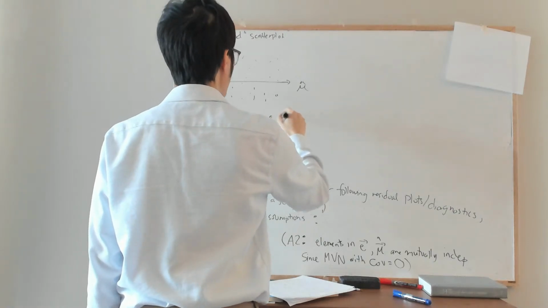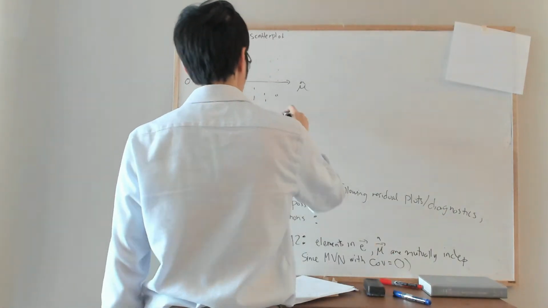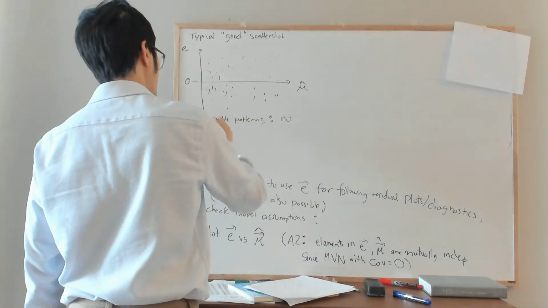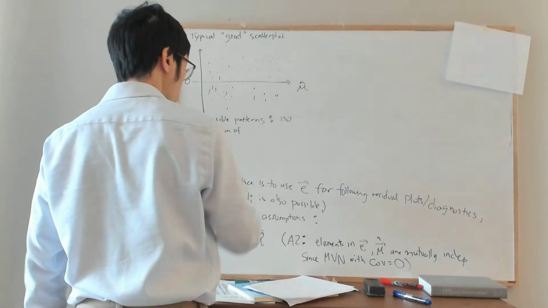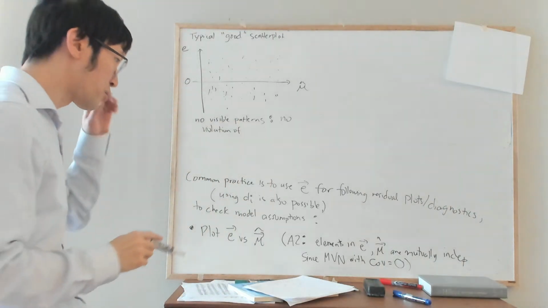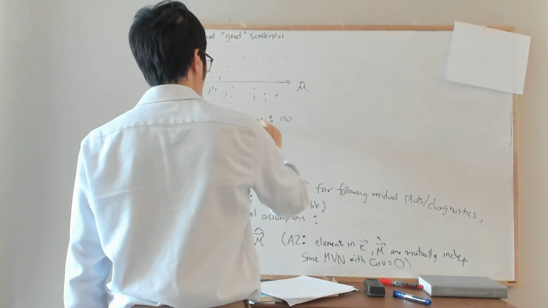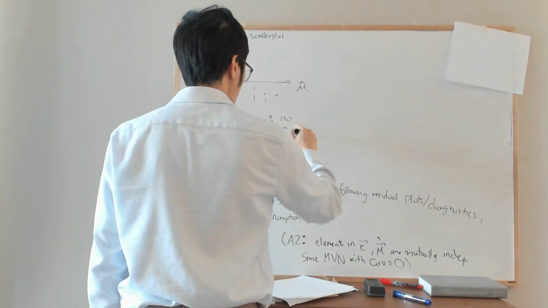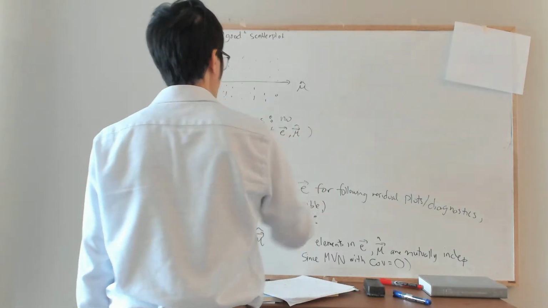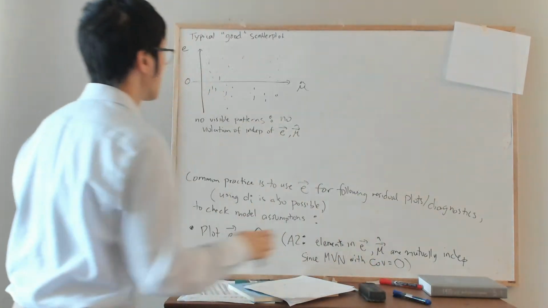This suggests no violation of this fact, the independence of epsilon hat and mu hat. Okay, so that's a good scatter plot.